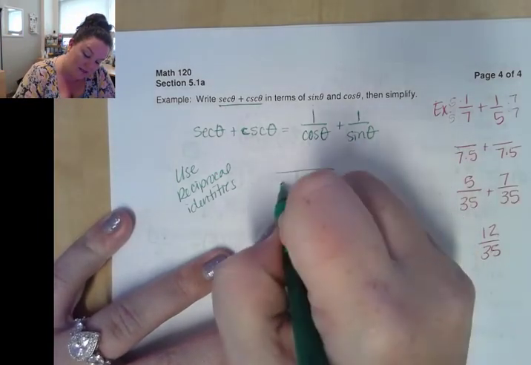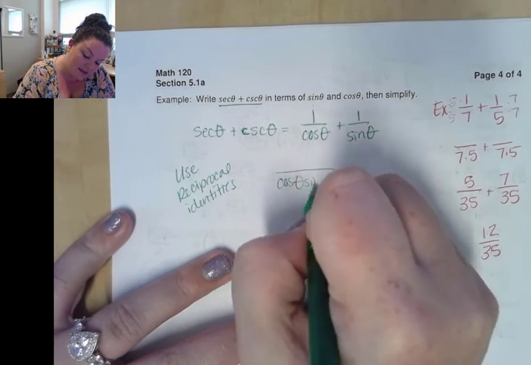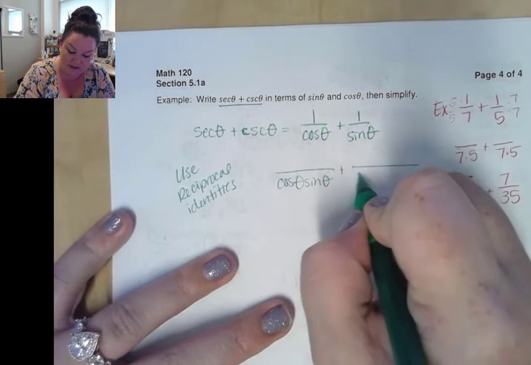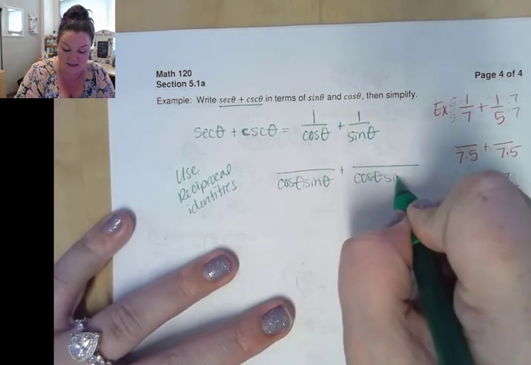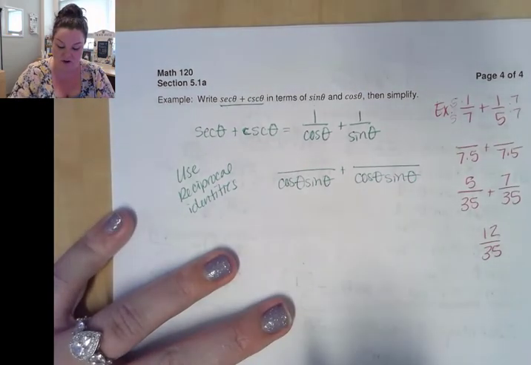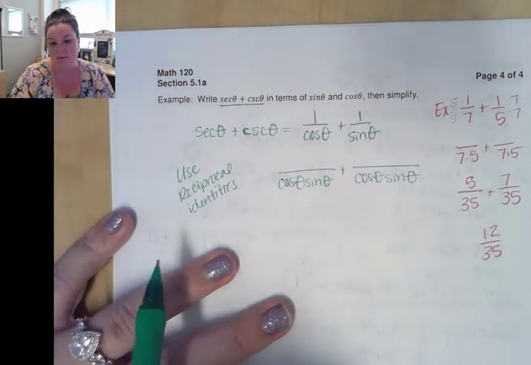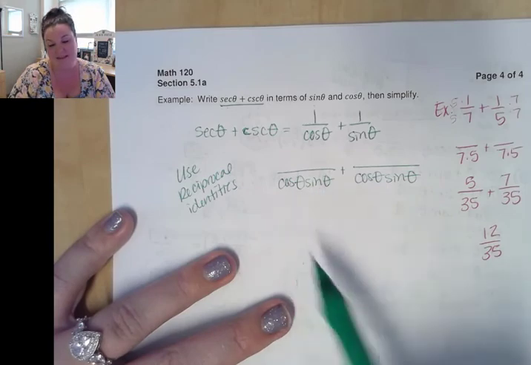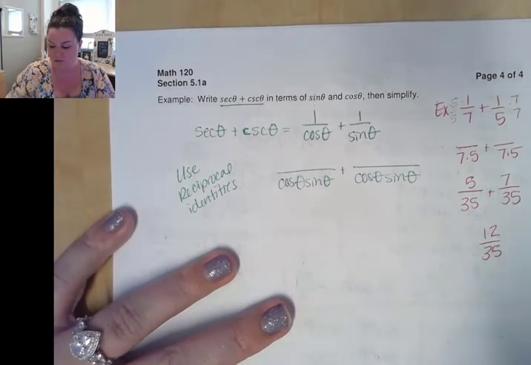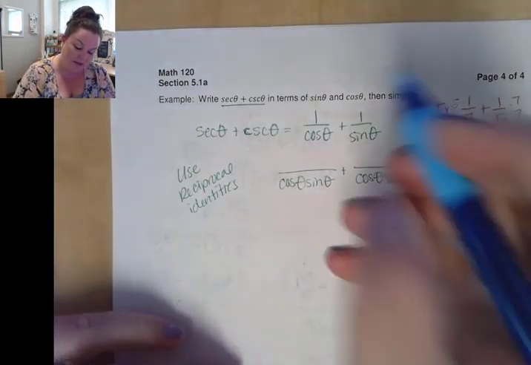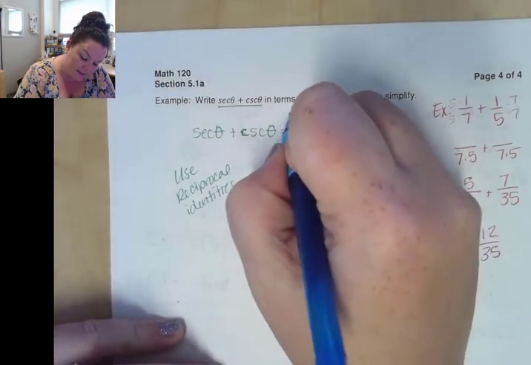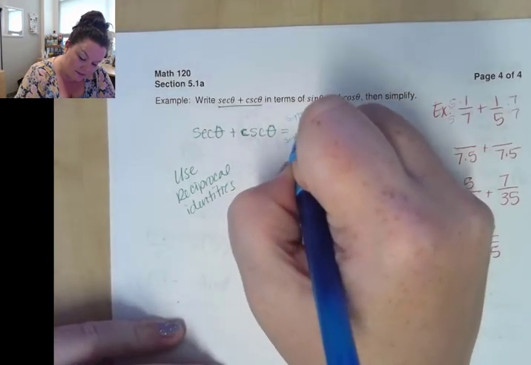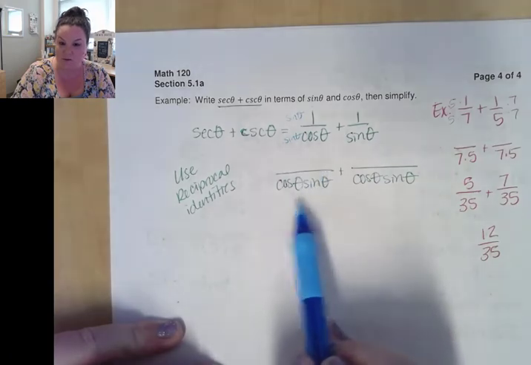So I want to write this as cosine theta sine theta, and I want to write this one as cosine theta sine theta. And then I just need to figure out what I need to multiply by on top and bottom to create this denominator, right? So on the first one, I would need to multiply on top and bottom by sine theta, right? So that the bottom looks the way I want it to.